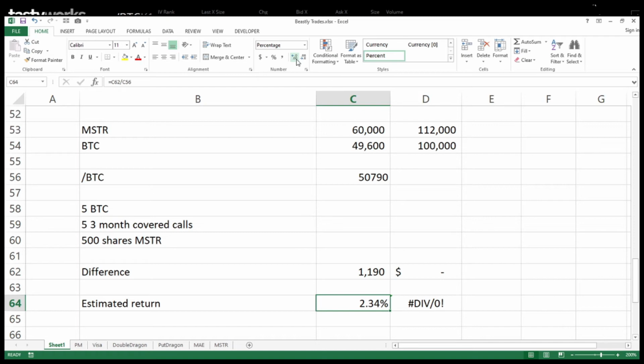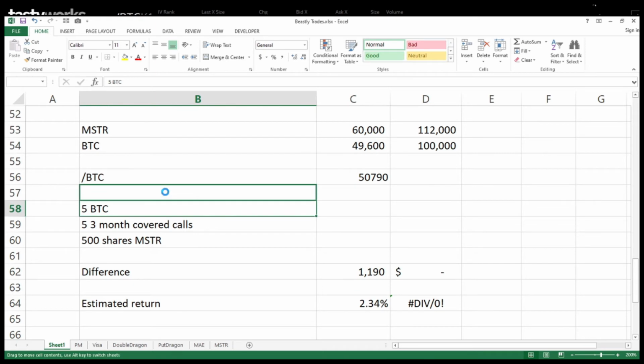So if you're looking for stuff to do, you could compare it against a covered call, a dividend paying stock, or see if there are other interest bearing things that you could do.